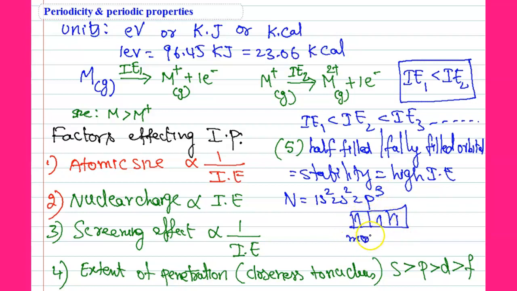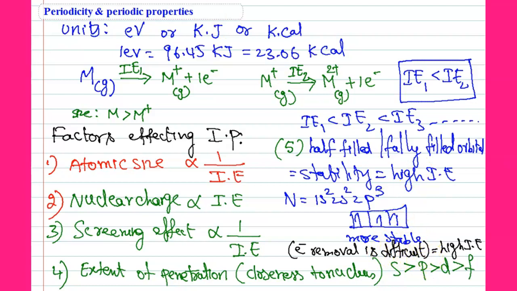Half filled means more stable, and more stable means the removal of electrons is very difficult. So high ionization energy is required. Either half filled or fully filled, those are more stable.